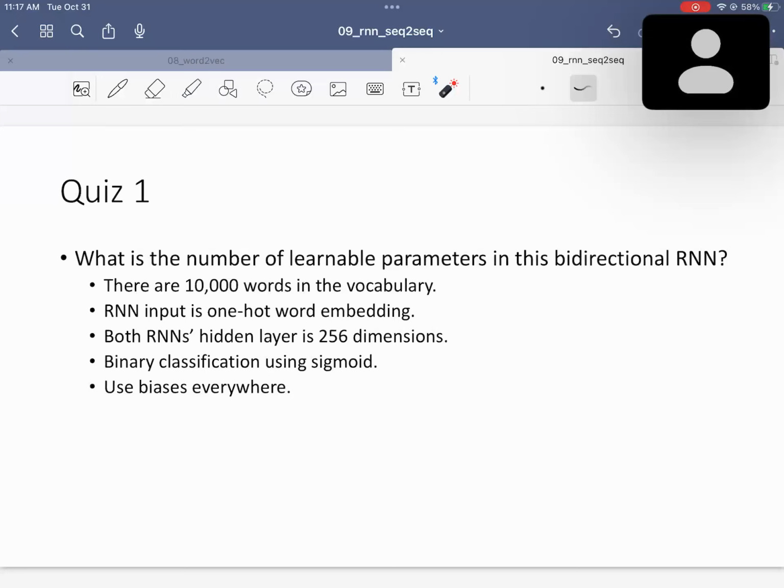Unfortunately, there are not a lot of people who actually got the correct answer. Interesting. I thought this would be a very easy answer.